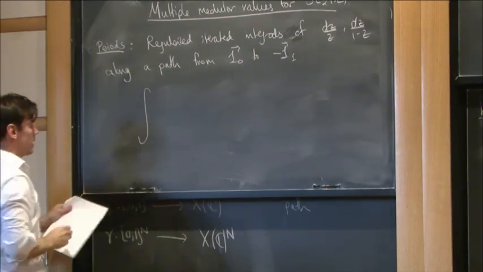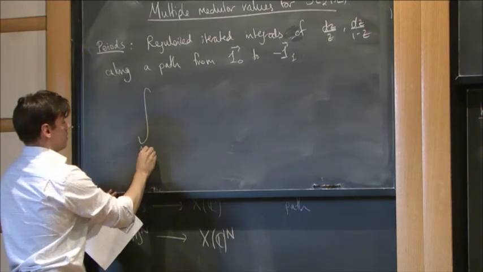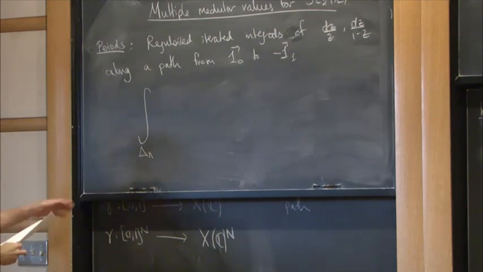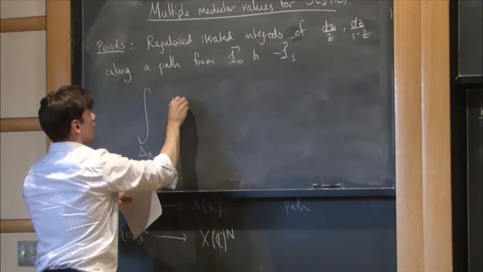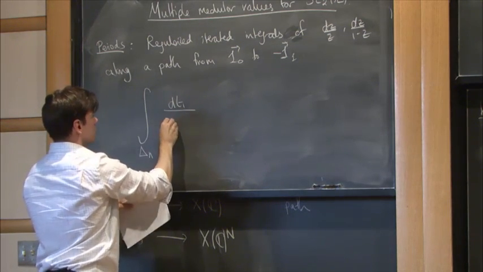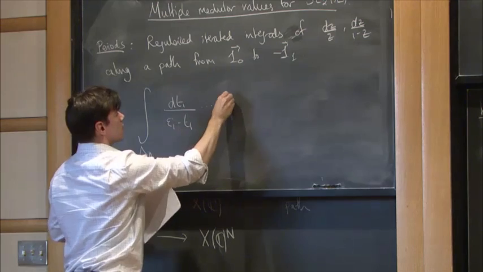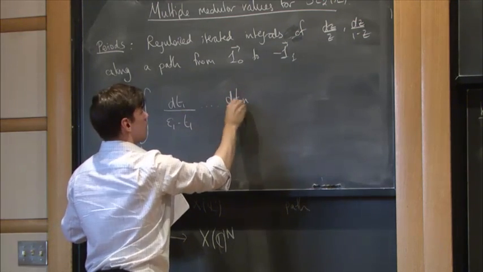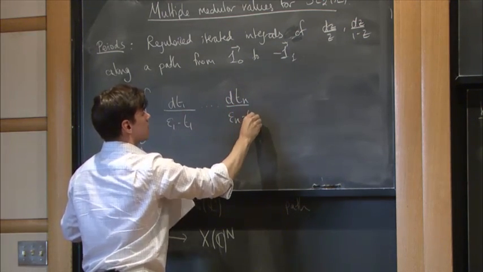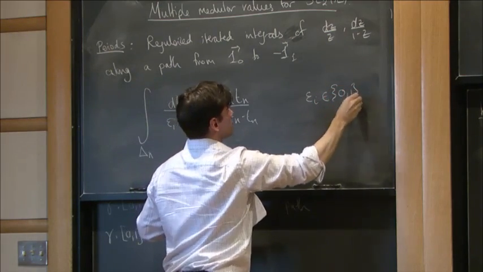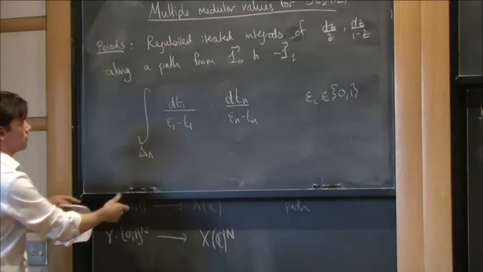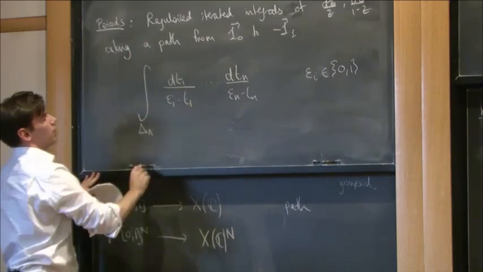And if you work it out, the answer is that you look at integrals over this simplex, Δ_n, of 1-forms dt_n over (ε_n minus t_n), where the ε_i are in {0, 1}. These integrals diverge. That's why I put the word regularized.